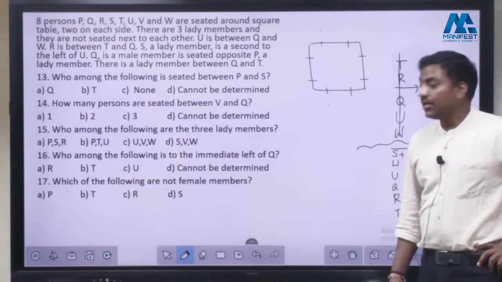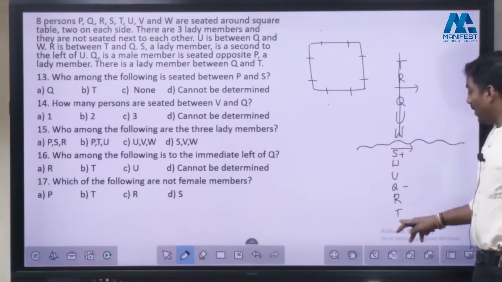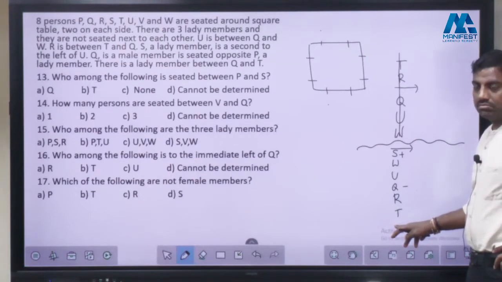Now, where is Q now? Here. If I put P here, does it make sense? Partially.